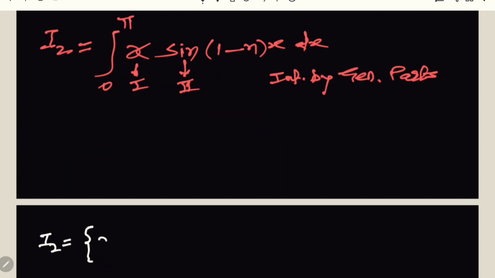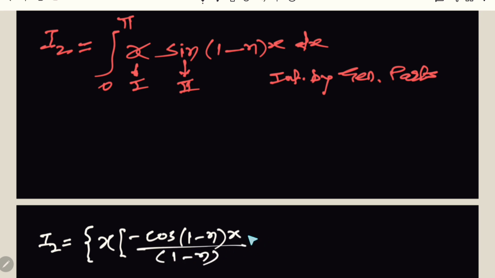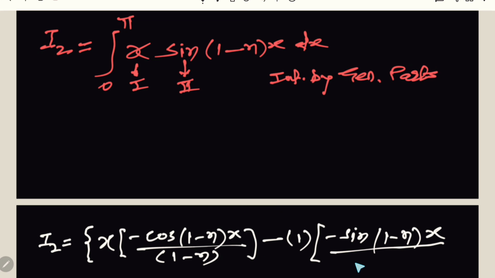Therefore first term x, integration of sine is minus cos of 1 minus n times x and whole divided by 1 minus n, coefficient of x. Then minus derivative of x is 1. Next integration of cos is sine of 1 minus n times x with minus sign as it is, and whole divided by 1 minus n whole square.